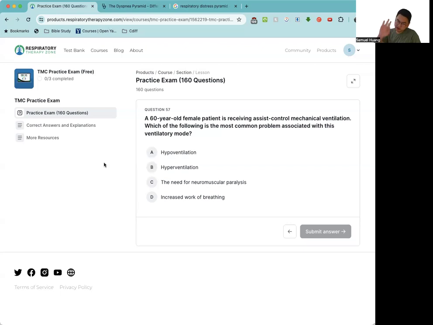So the machine's pushing 500 milliliters, 500 milliliters, but then you take a breath, then you get another 500. You can sneak in a lot of full breaths. So you can have hyperventilation because you're sneaking all these full breaths in. You're gonna be blowing off a lot of CO2. Need for neuromuscular paralysis? Well, you breathe fine. You can have your own spontaneous breaths. The ventilator does work with you.